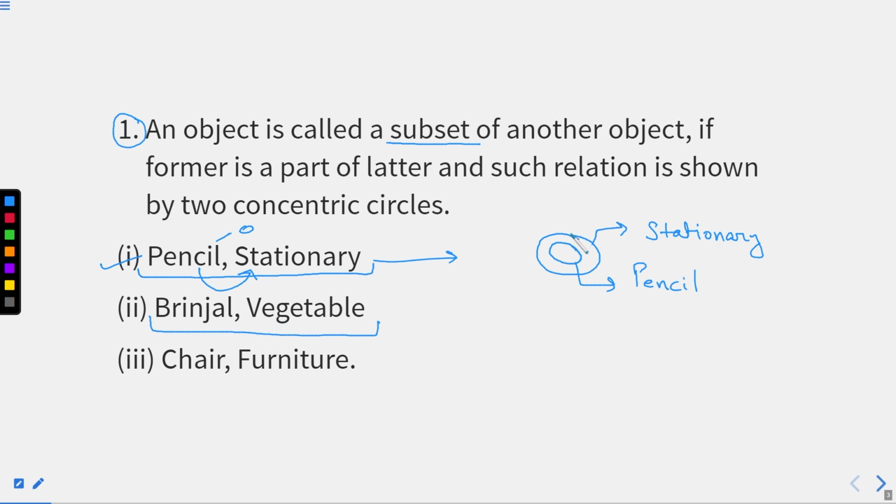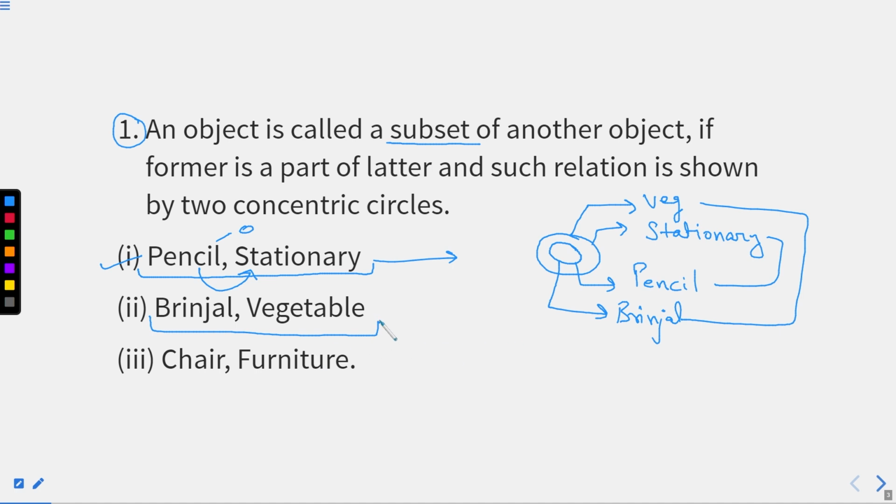So if I use this circle to represent vegetables, you will find brinjal is a part of vegetables itself, right? So the small circle inside the vegetable will be brinjal. I hope this part is also clear. So this is one set and this is one more set, right?